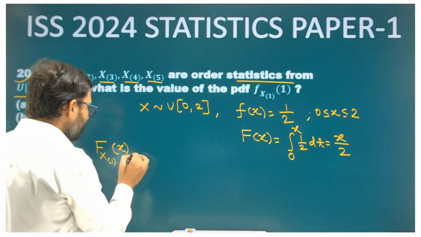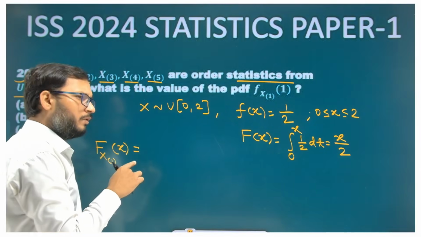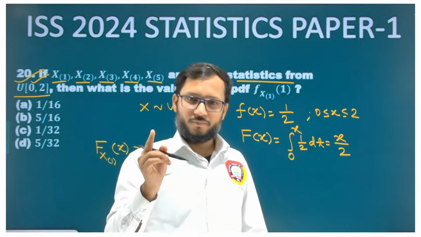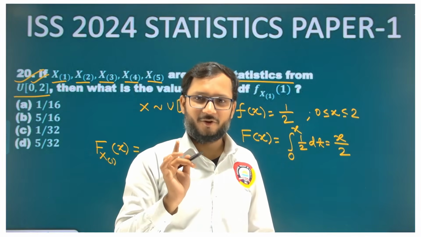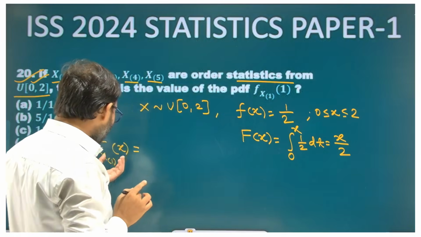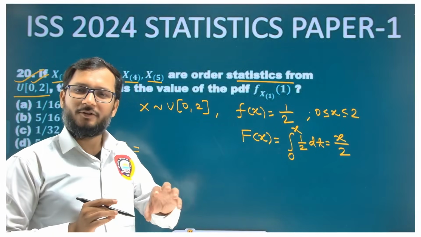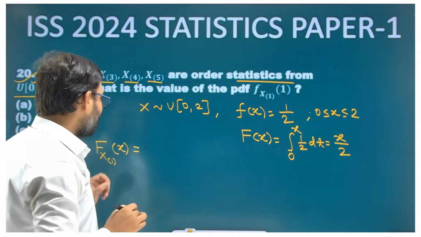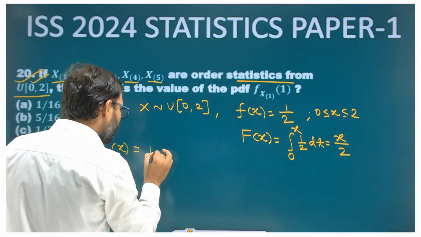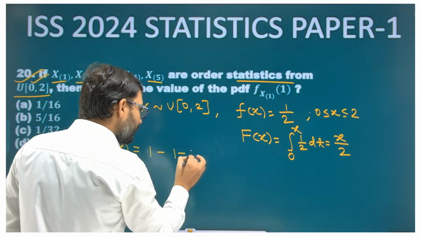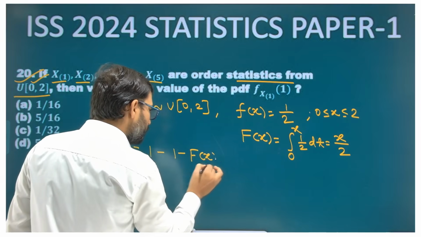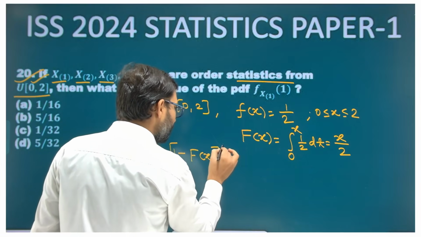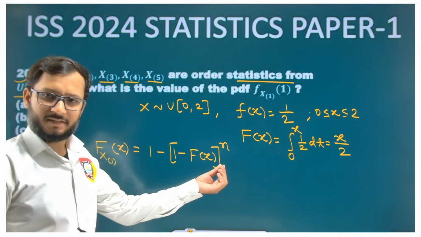If you don't know how this formula came, I will derive it, but for that you need to comment. If you are commenting, I will derive it as well, that how this particular formula came into existence. But see here, this is the value: 1 minus capital F(x) to the power n, if the sample size is n.